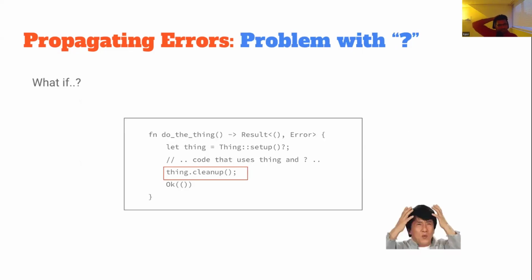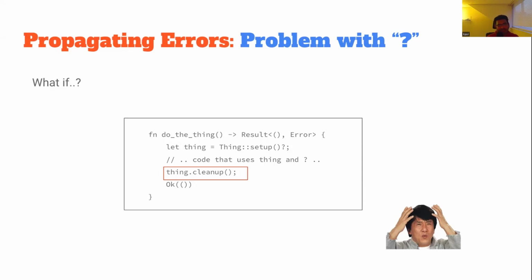But there's a problem with the existing question mark operator. Let's say this example: do something calls another method, thing setup, which can fail, and we do something with the thing. If it fails, it returns early.